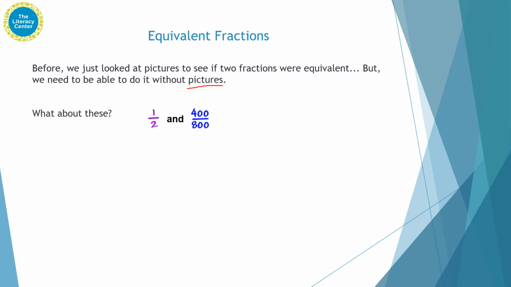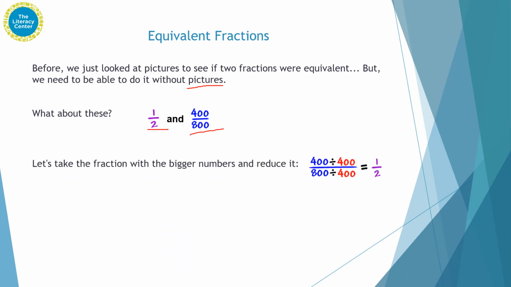What about these? 1 by 2 and 400 by 800. So let's take the fraction with the bigger numbers and try to reduce or simplify it. You can see this number is too big. To reduce this bigger expression into the smaller expression, you can take the number that can divide both numerator and denominator.